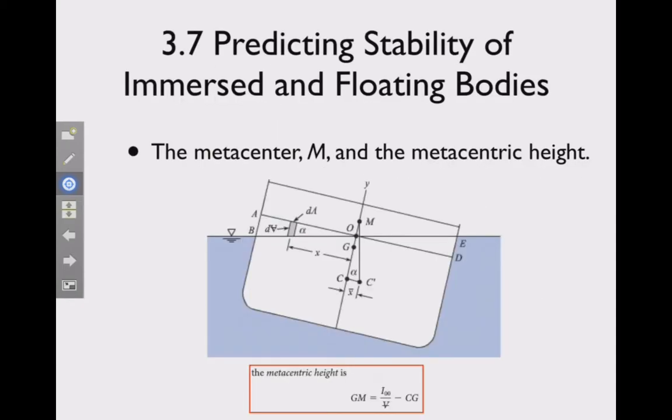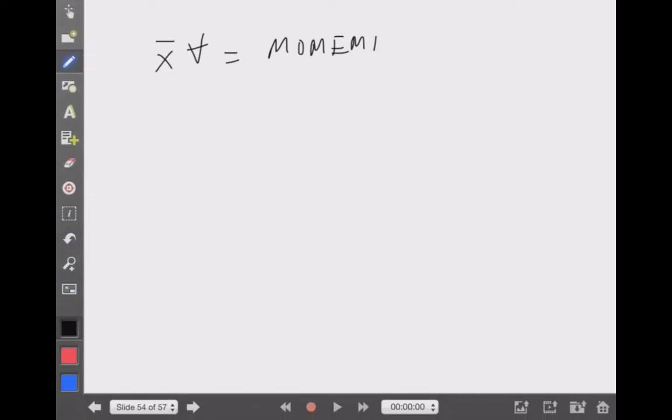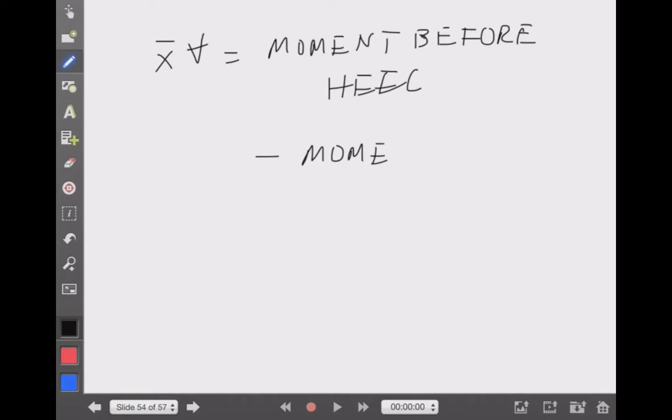The book makes the point that this entire moment is equal to the moment before the heel, minus the moment of the volume on the left.